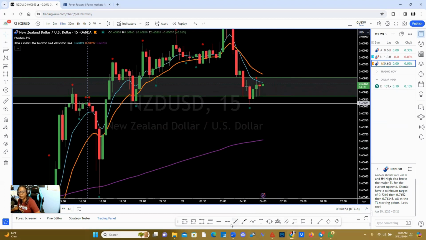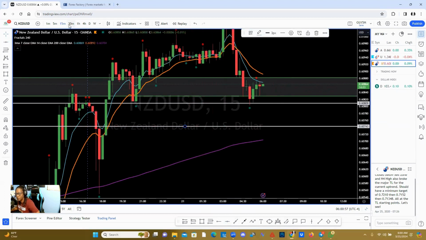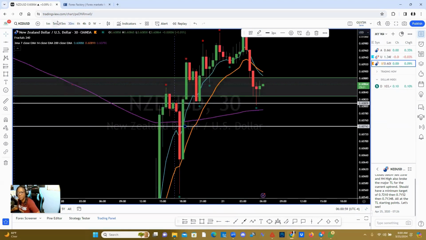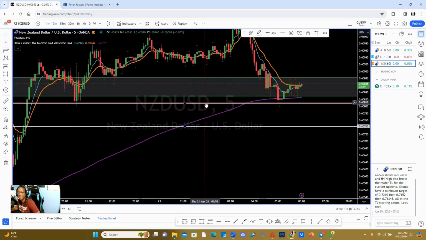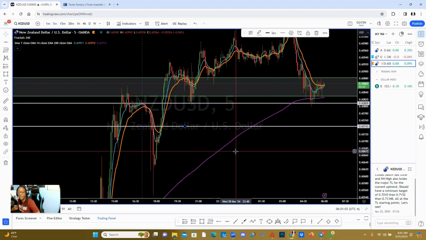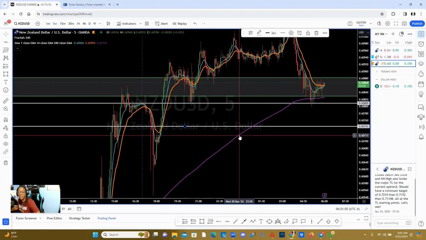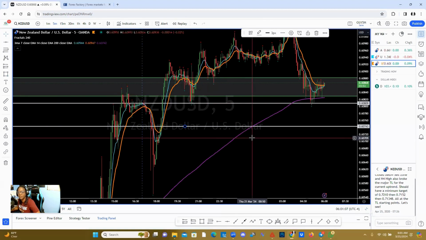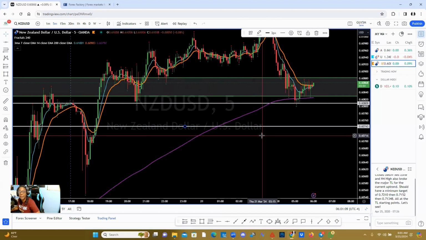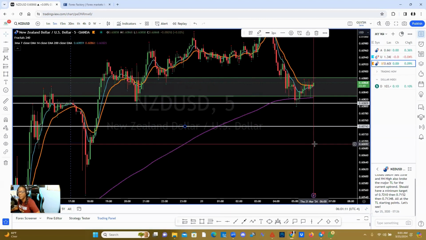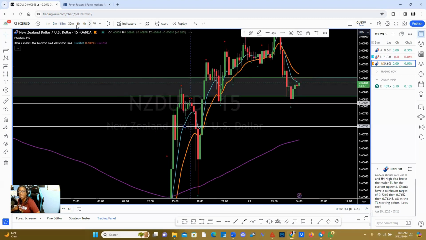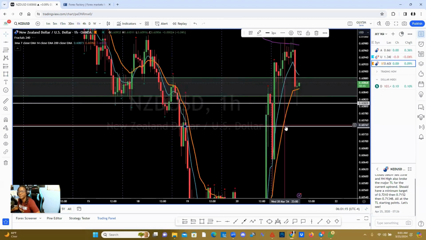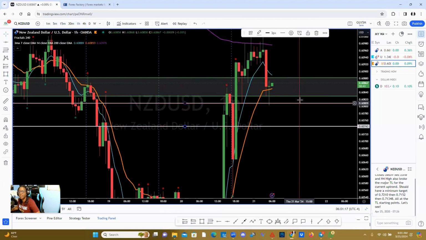There's demand over here. Huge demand zone. Let me see if we could narrow it down just a little bit. 5 minutes. Let's see what it looks like. On the 5 minute, I have nothing really. H1. The H1 demand, but it was already tapped.